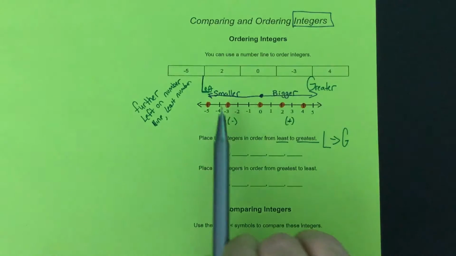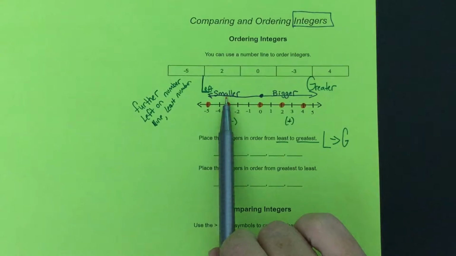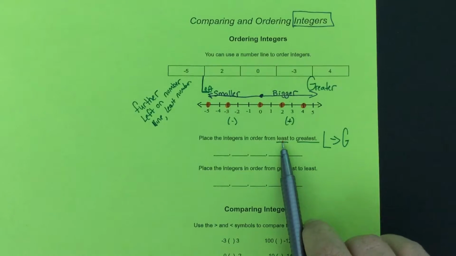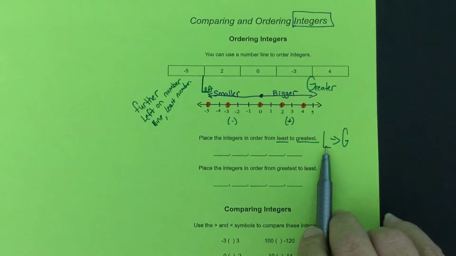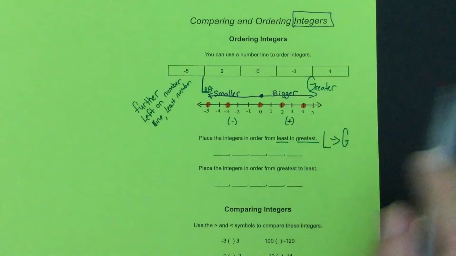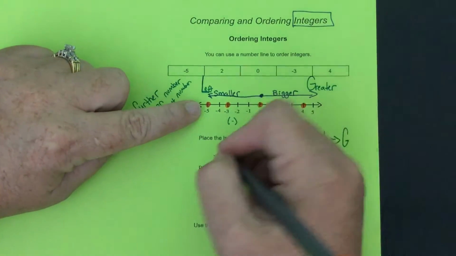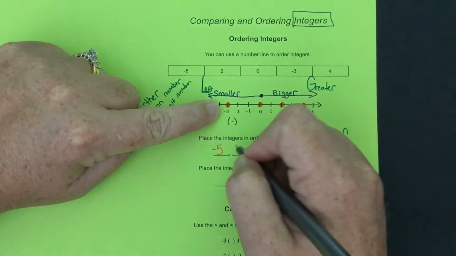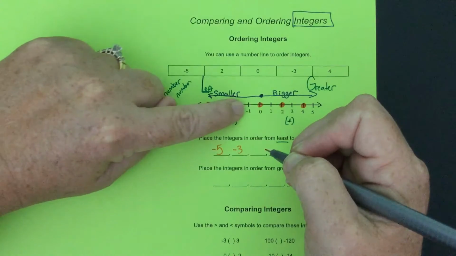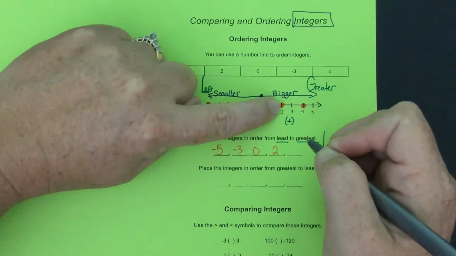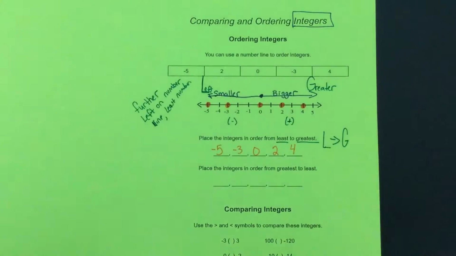Now remember, the further left, the smaller I am. The further right, the bigger I am. So I need to put them in order from least, or the furthest left, to the right, or least to greatest. So I'm going to start here, -5, and then what? -3, then what? 0, then 2, and then 4.